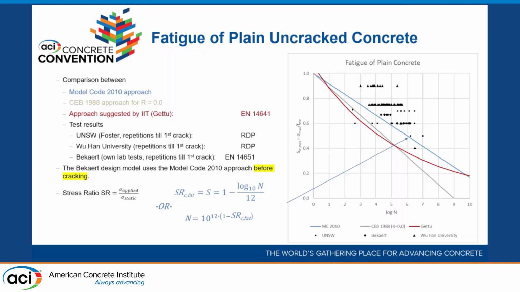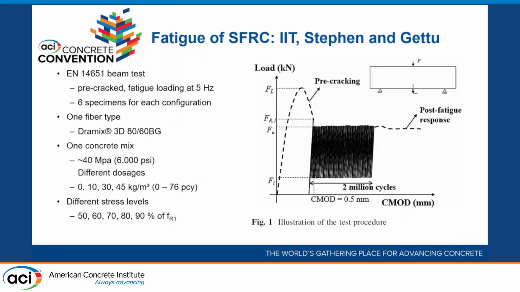So given any number of required cycles, we can determine the maximum stress that can be applied at each cycle to achieve those numbers of cycles, or given an in-service stress, we can predict the number of cycles that element can resist at that level of stress.